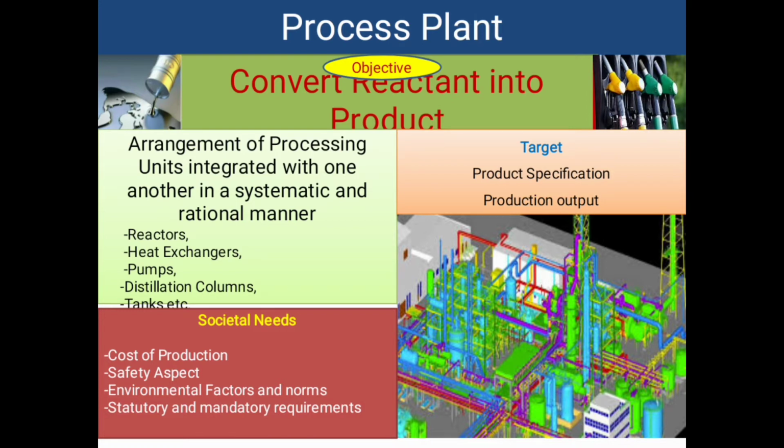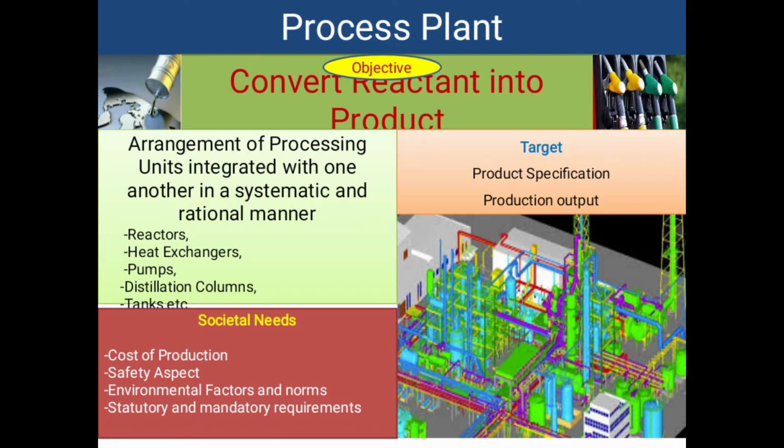The primary objective of this process plant is to achieve the production target and production output. Suppose you are working in a benzene manufacturing plant, and the plant is designed to produce 100 tons per day. Then you have to give the product output of 100 tons per day. And also the products are manufactured according to certain specifications. So to give the product as per the specification is our target.